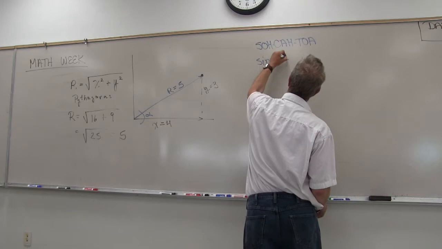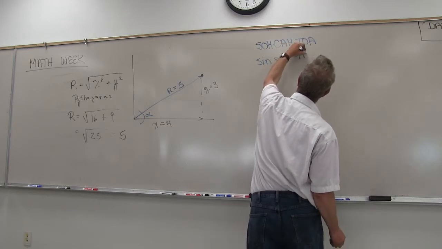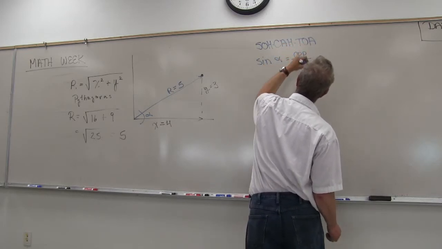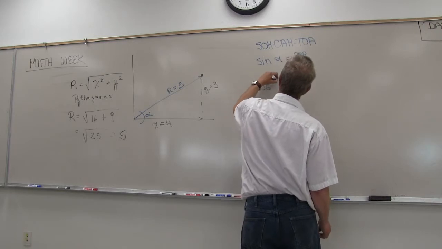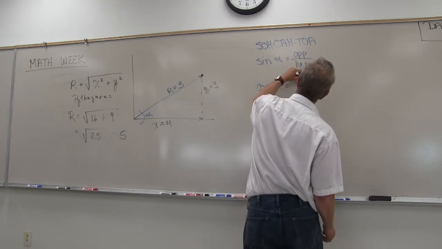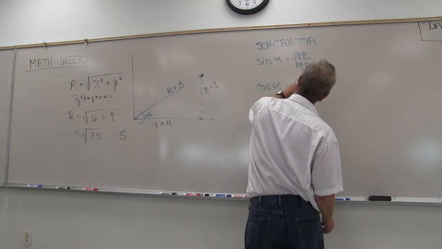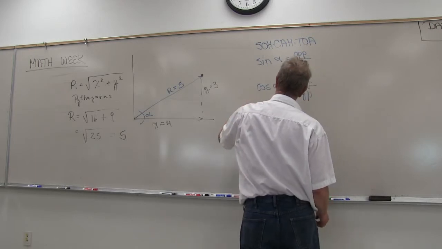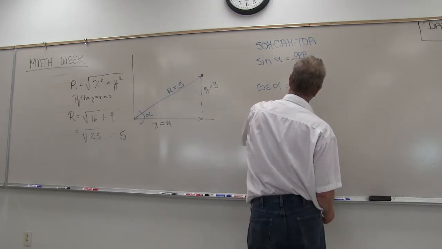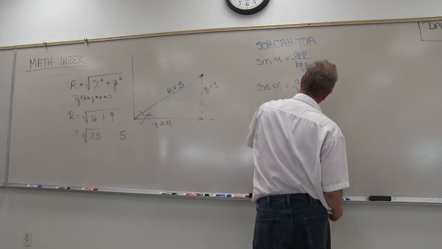The sine of the angle is equal to the opposite over the hypotenuse. The cosine of the angle is equal to the adjacent over the hypotenuse. And the tangent of the angle is equal to the opposite divided by the adjacent.